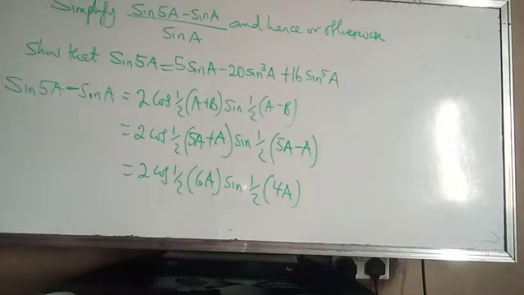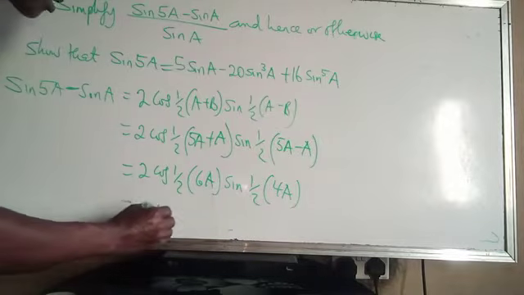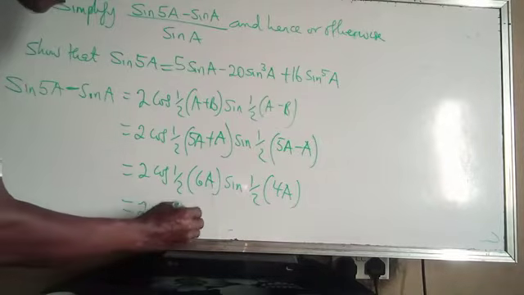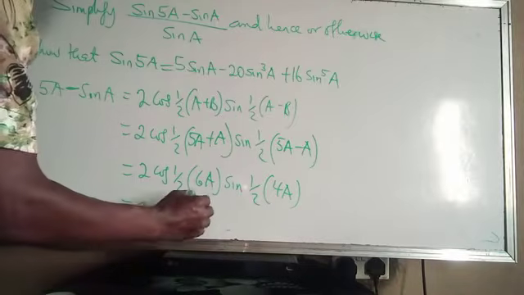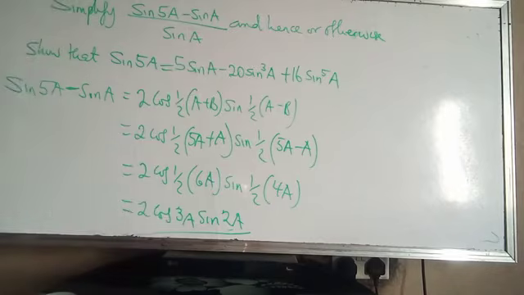By the time I multiply out, I have 2 cos 3a, because half of 6a is 3a, sine 2a. So that is the simplification of the numerator here, sine 5a minus sine a.